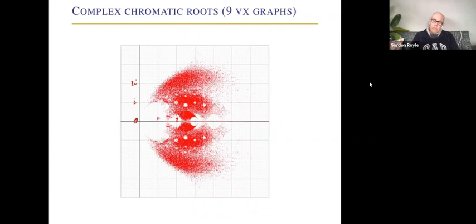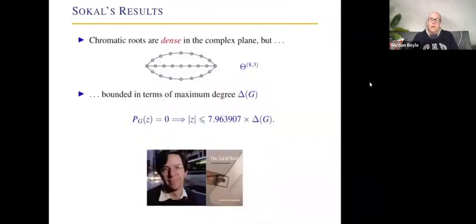All of that speculation was ruined by Alan, who just came along with essentially one family of graphs, these generalized theta graphs. Here we've got theta 8,3. We've got strings of length 8 joined together, and we've got 3 of them joined together. And he showed that if you change 8 and 3 to other numbers, you can maneuver the roots any way you want onto the complex plane.